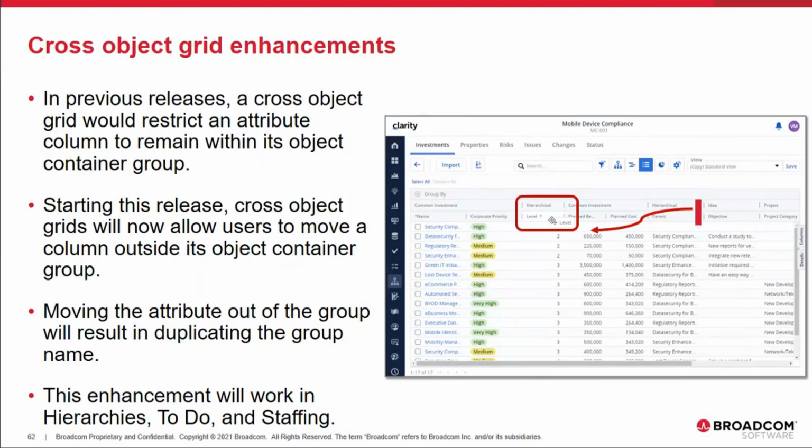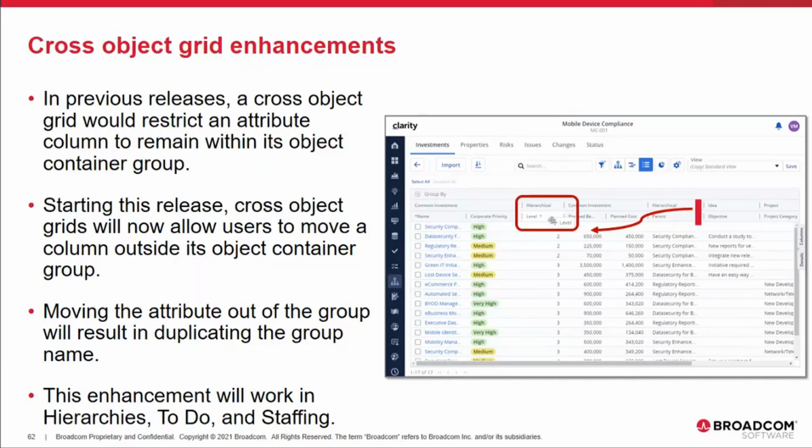However, there was one restriction: the arrangement of the columns was tied to their container group. For example, the attributes for a task had to remain within the task container, or the task area, and you can reorder them within that task area.